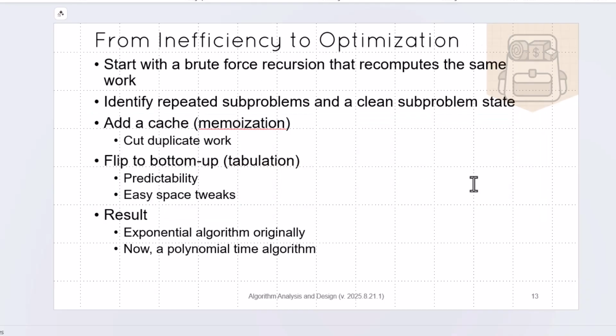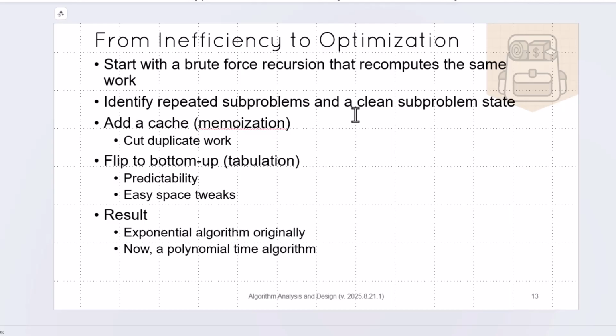All right, so we start with a brute force recursion that recomputes the same work. This would be when we're moving from a solution that looks maybe obvious, like the Fibonacci, and trying to come up with a different solution that does the same thing but is more efficient, or optimal, hopefully. So we identify repeated subproblems and a clean subproblem state.